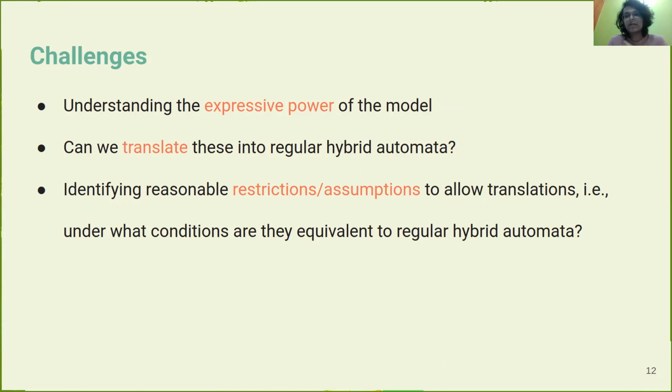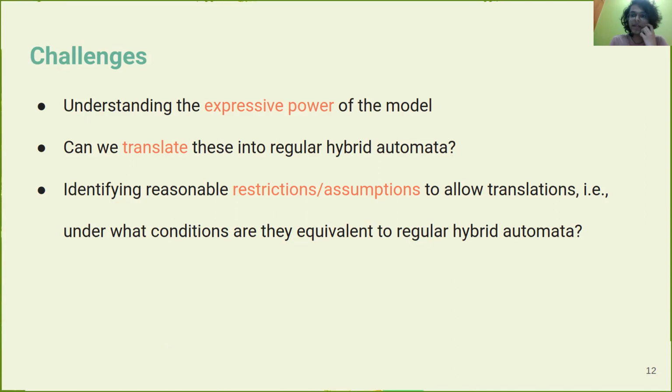But we saw that in the general case, the lazy hybrid automaton is extremely complex, and it demonstrates some behavior which we claim is impossible to capture in a regular hybrid automaton. So we had to place some restrictions slash assumptions on the lazy hybrid automaton to allow these translations into regular hybrid automata to take place.